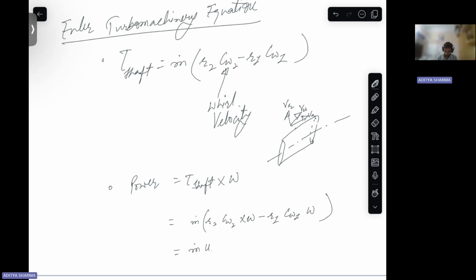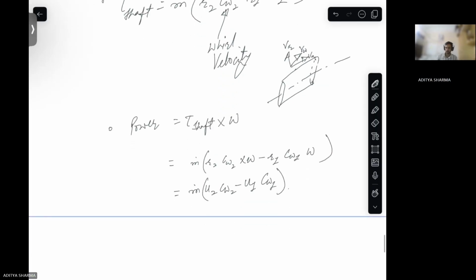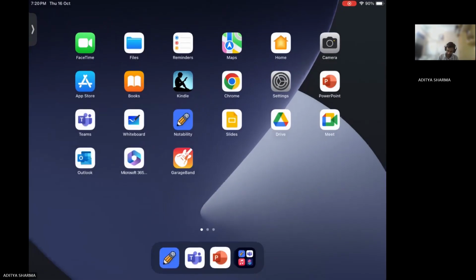This becomes U2 Cw2 minus U1 Cw1. Yeah, U basically is the blade velocity. So this is it about week 8.